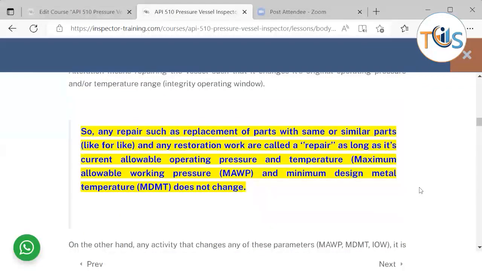So in a nutshell, any repair, such as replacement of parts with the same or similar parts, like for like, or restoration, is called a repair, as long as the integrity operating window, such as maximum allowable working pressure or minimum design metal temperature, does not change.